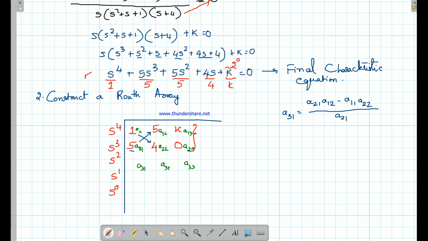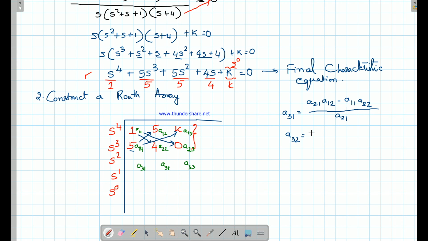Now coming to A32, which is equal to: we multiply this with this. So you always multiply with the first column values only, and 1 is multiplied with 0 and you divide it by 5, meaning A21.